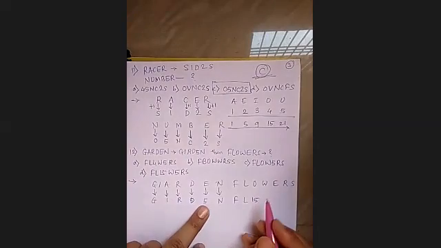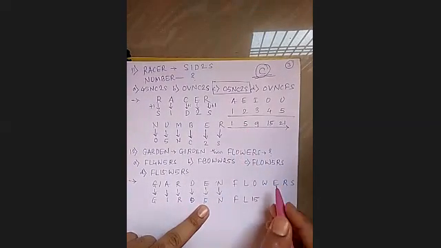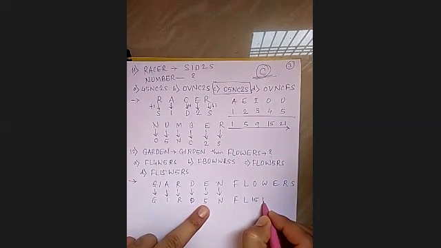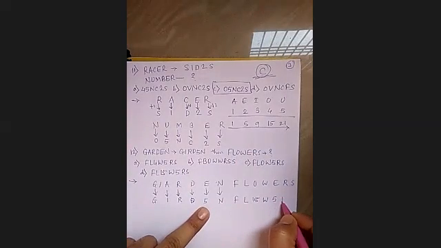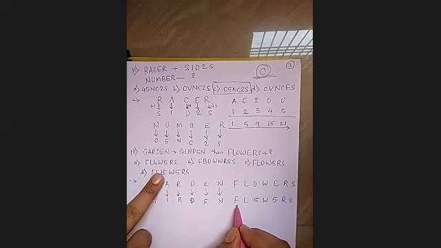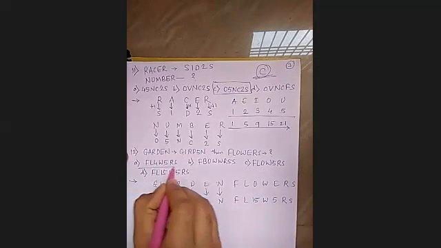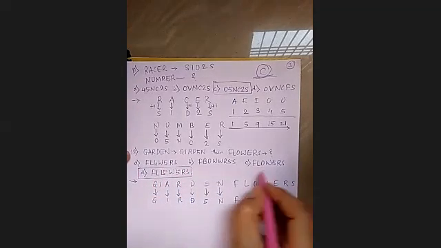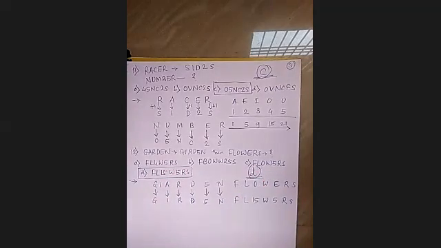But here, if you consider E, which is having number 5, that means alphabetically you have taken it as FL 15, W, E is 5, right? And R is as it is, S is as it is. So FL 15, W 5, R, S is your option D. Right? So option D is your answer.